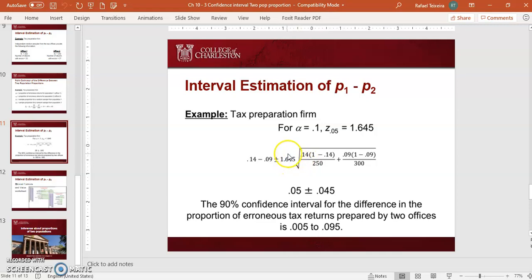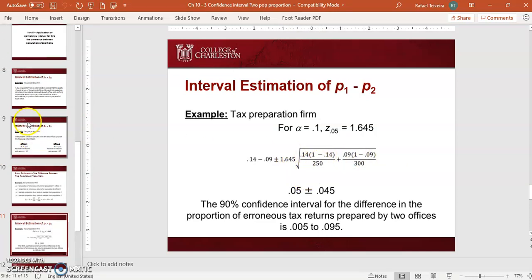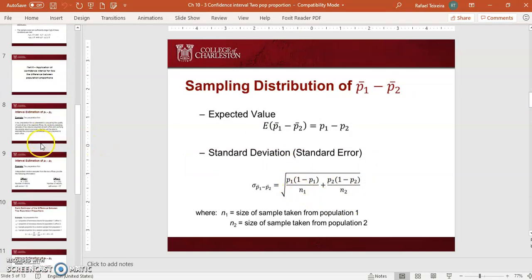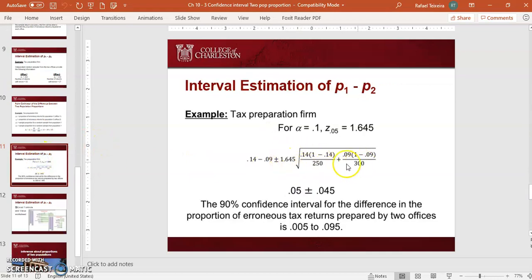And remember, this is a z-score which is based on the confidence level. So if the firm wants 90% confidence, the z-score associated with this 90% confidence is 1.645. And if I multiply by the standard deviation, which is this formula here, then I get the margin of error. So the z-score associated with the confidence level multiplied by the standard deviation of this sample proportion difference is going to be our margin of error, okay?